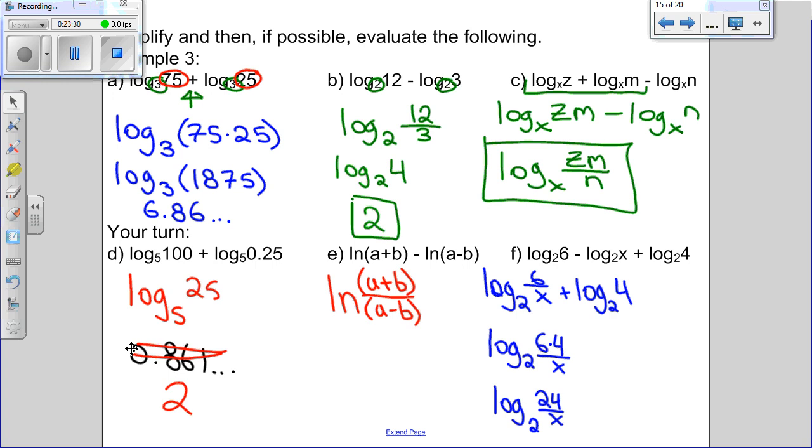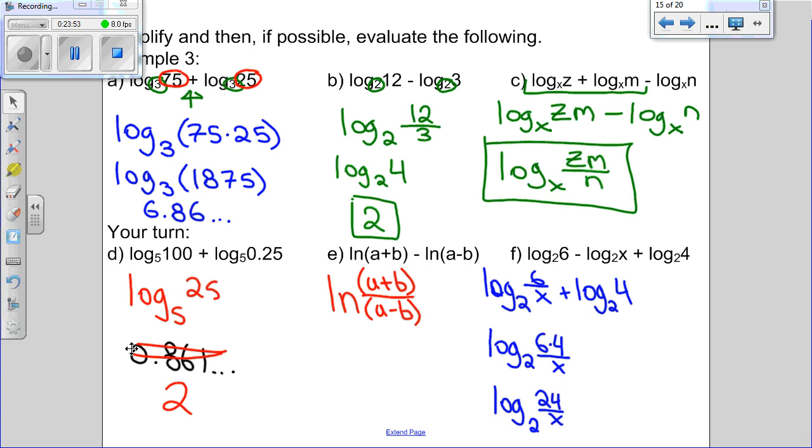Okay. The third one is a little bit longer of a string. So I do the first two together. The first two are subtracted, so I was log 2 of 6x minus log 2 of x. So I divided the arguments, combined them into 1. Then I had log 2 of 6 over x plus log 2 of 4. So I multiply the arguments. Remember when you're multiplying, you just multiply the numerator straight across.